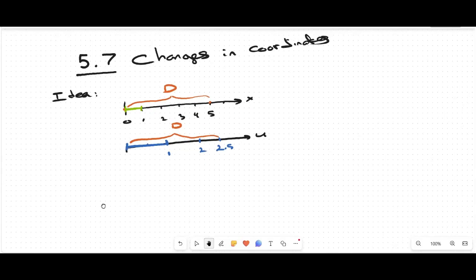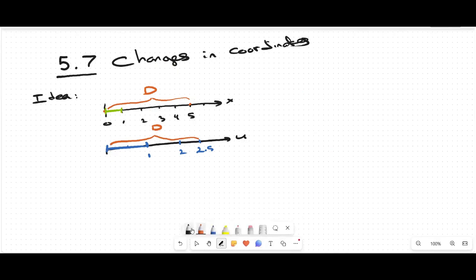I'm going to try to integrate. I think a constant function should be enough. I'm going to imagine that I'm looking at this domain D, well, let's do the x coordinates first.